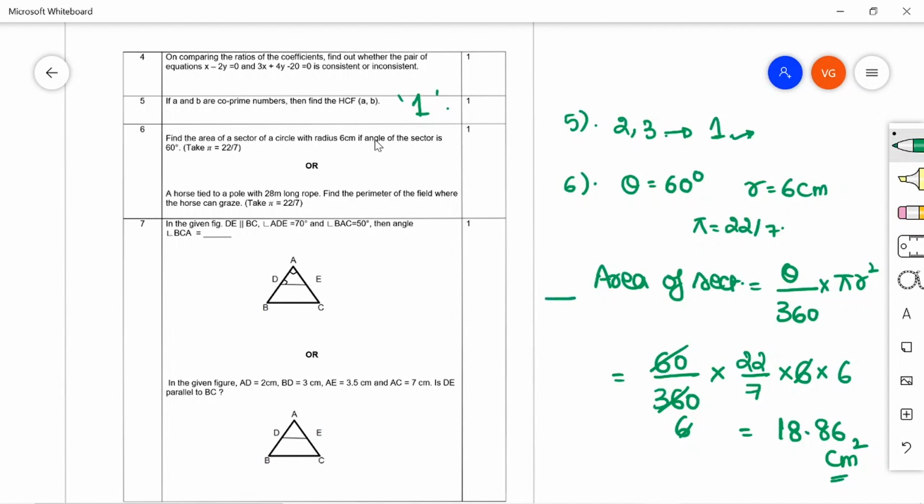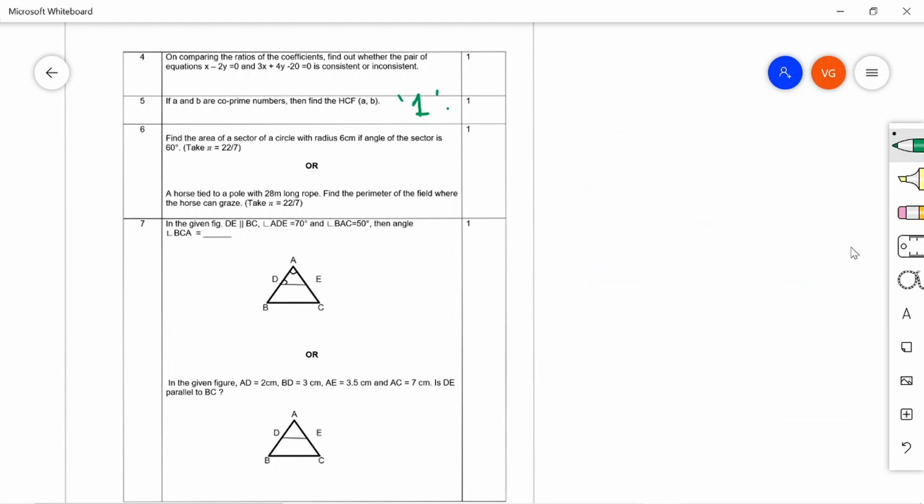So once you write down the formula, you will get half mark, and for the final answer you will get another half mark.